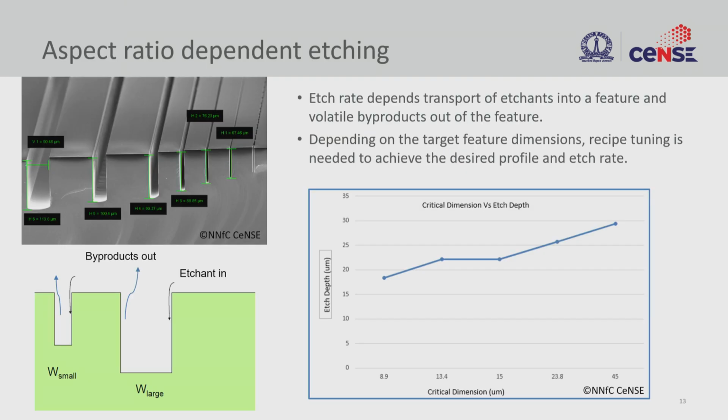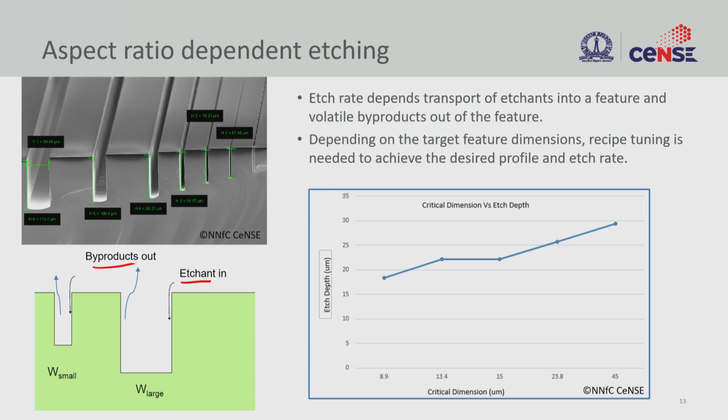The reason for this is getting in all the etchants and also getting all the products out. When the opening is large, the impedance for the etchants to go in and come out is very little. So you can have a free flow of etchants and byproducts. But when you reduce the width, you have a large impedance for the etchants to move in and also come out. This differential in movement, the diffusion of etchants and byproducts, creates this edge lag.